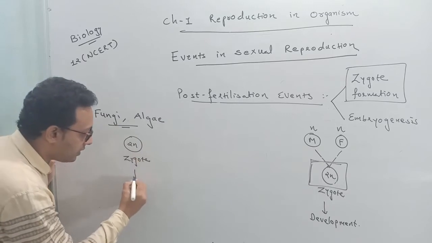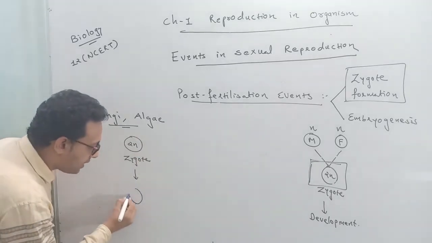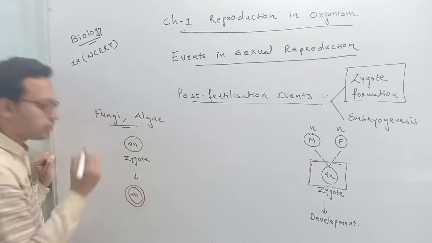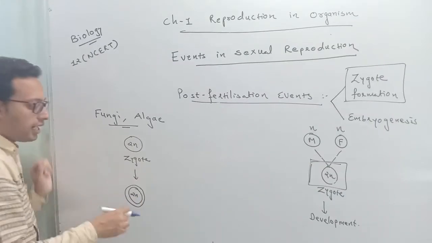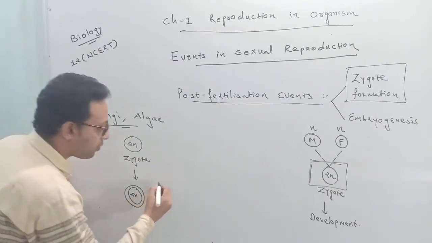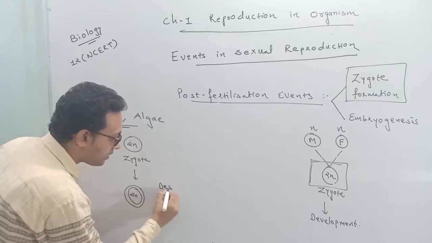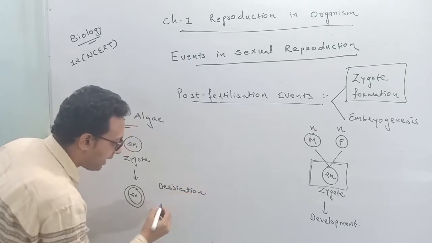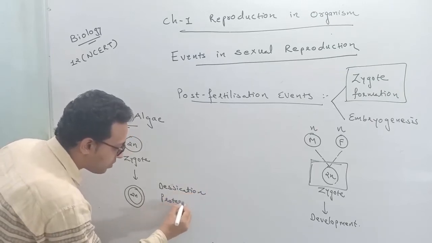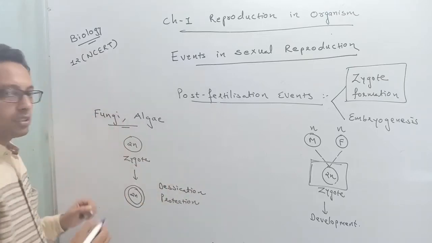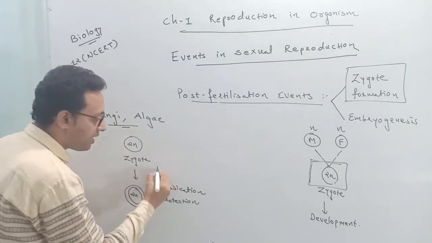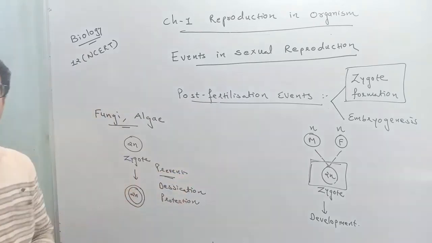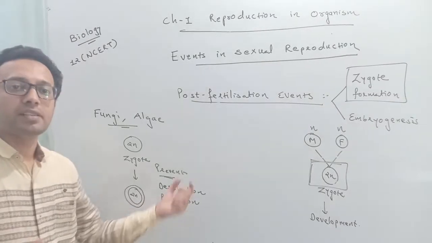In the case of algae and fungi, there is a development of a thick wall around this zygote. This thick wall protects the zygote against desiccation and provides protection against damage and environmental factors.